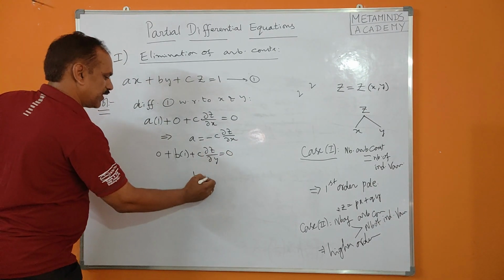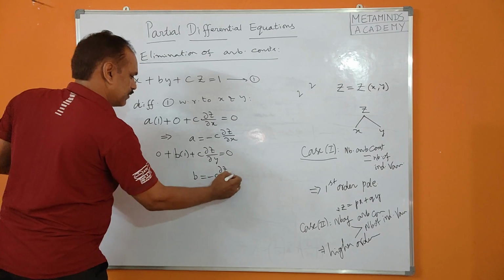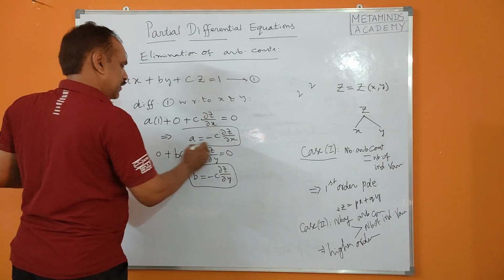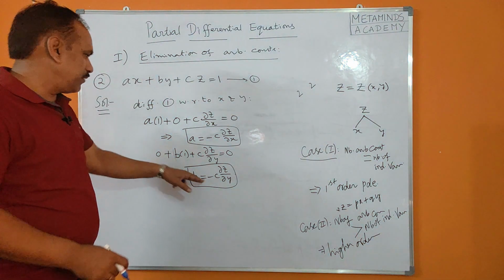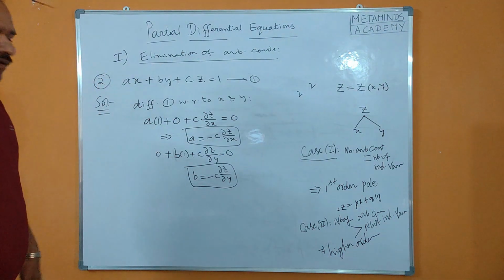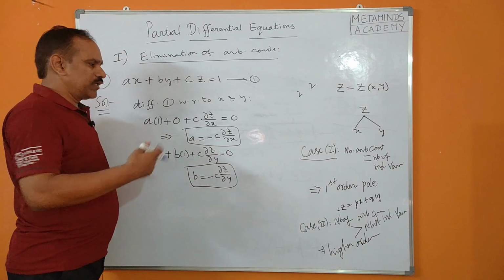From this also you will get b equal to minus c dou z by dou y. You see, from these two, you can eliminate a and b. From this you can write a, you can write b, but what about c? You cannot eliminate c.